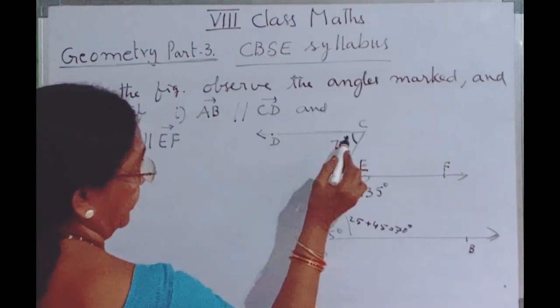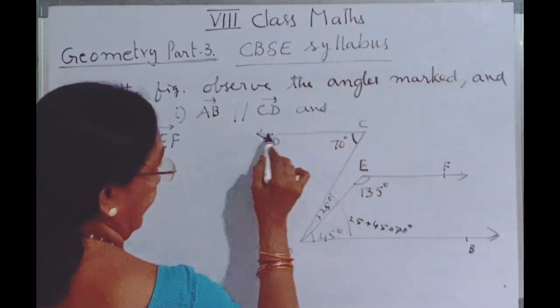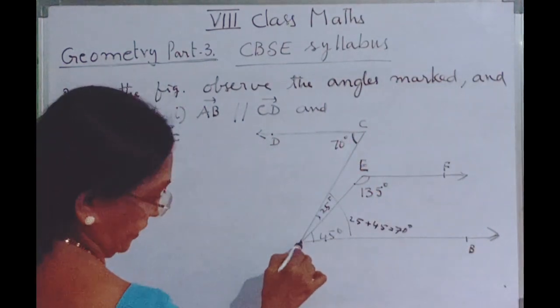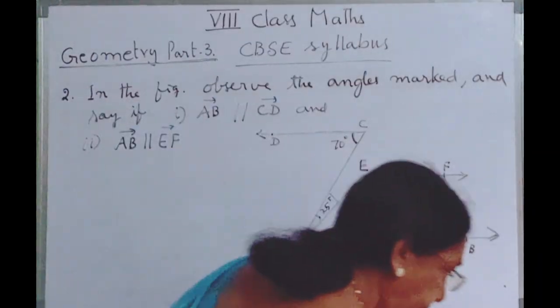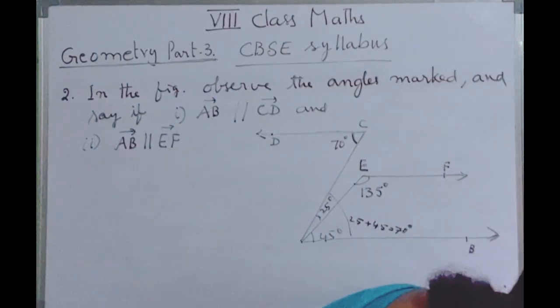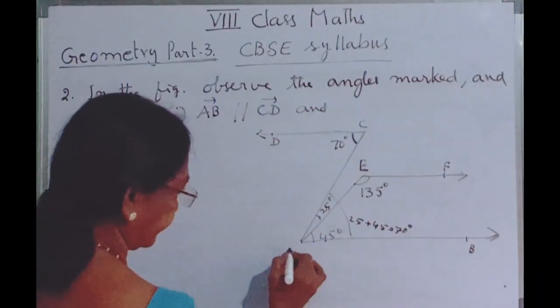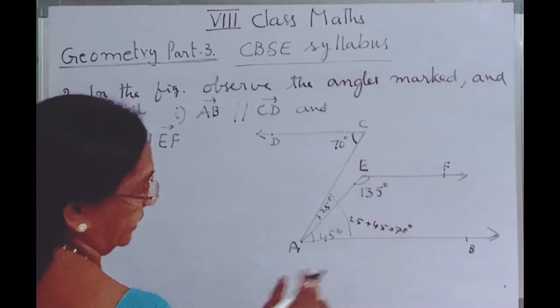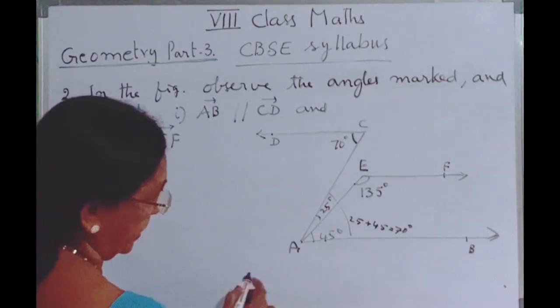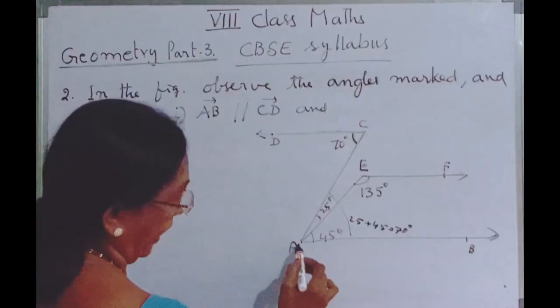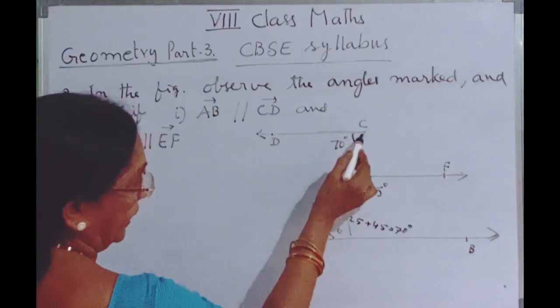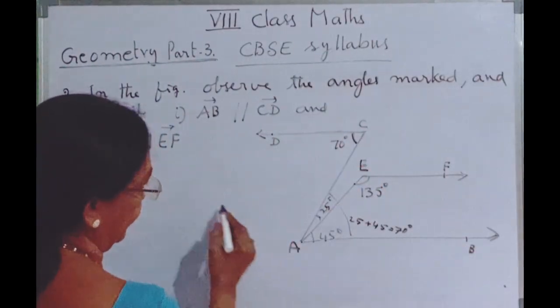So if we observe, CD is a ray and AB is another ray. Consider the two lines CD and AB. Here AC is a transversal.